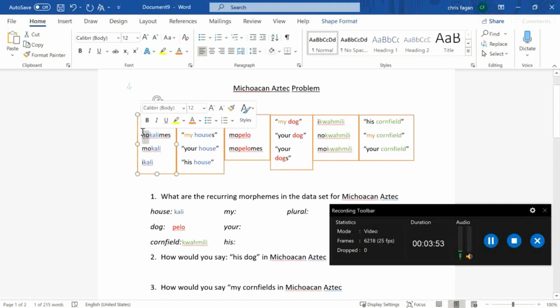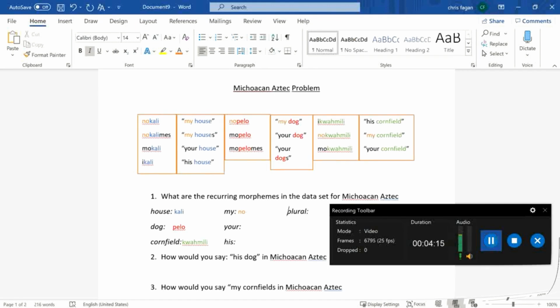No, no, no, no. So that leads me to suggest I don't have any other data that contradicts this. So it leads me to suggest that no is a prefix that is added to the front to make the possessive meaning my. Now I'm going to do that for all of the rest.